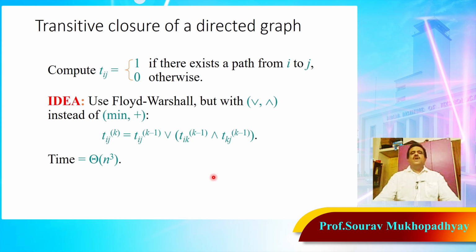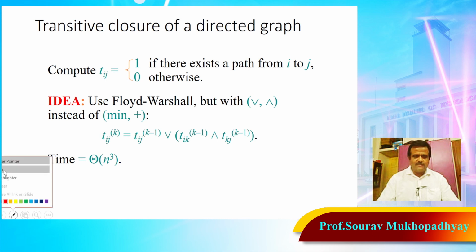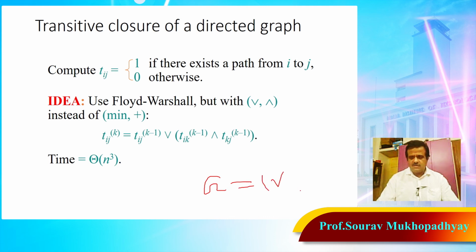Suppose we have a directed graph with no edge weight. We have just a digraph, or directed graph. We have a G, which is V cross E, and this is a directed graph. There is no edge weight.